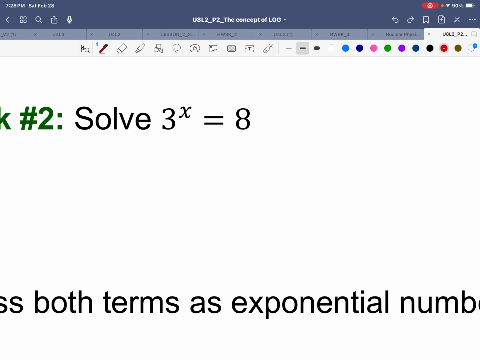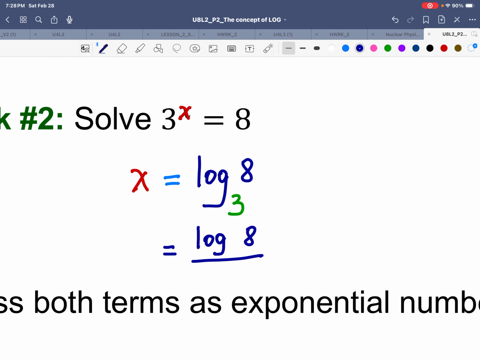So x is the log with base 3 in order to obtain number 8. That would be basically equal to log of 8 divided by log of 3.